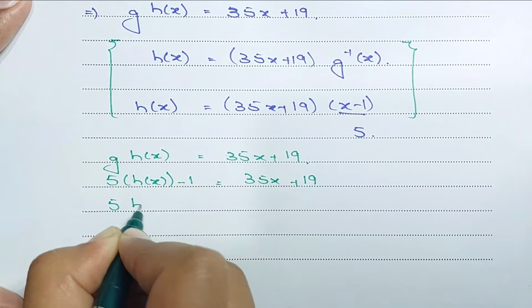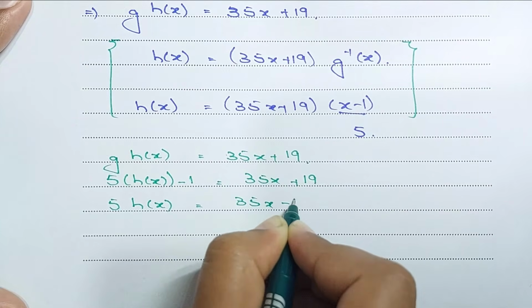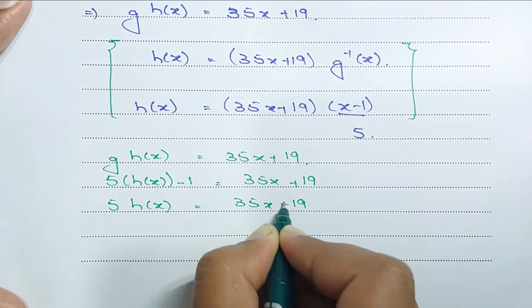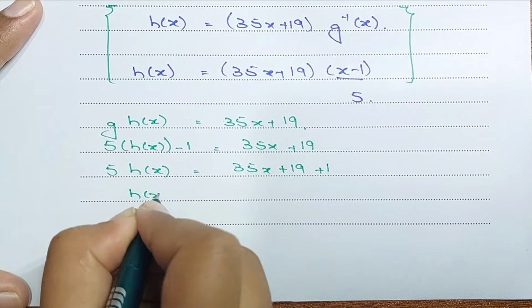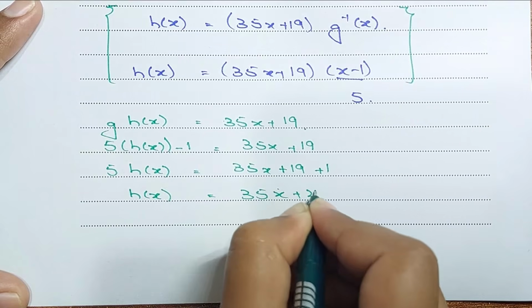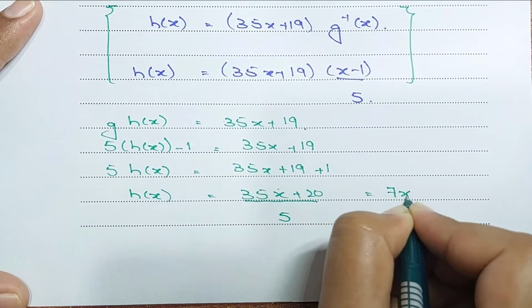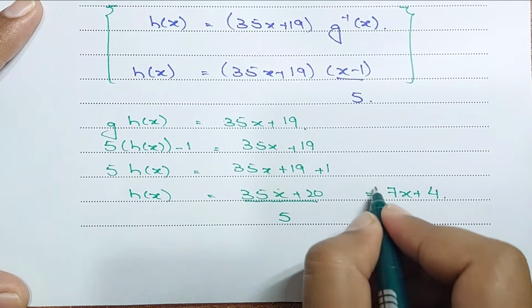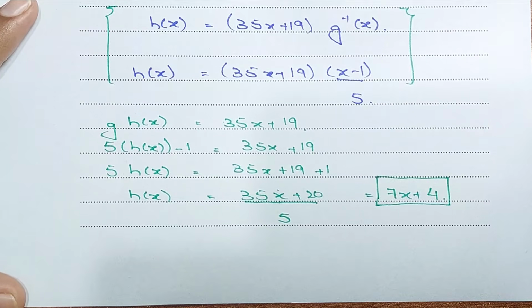So 5h of x equals 35x plus 19 plus 1, which is 35x plus 20. So h of x is (35x plus 20) divided by 5. 5 times 7 is 35 and 5 times 4 is 20. That is the expression for h of x, which is 7x plus 4.